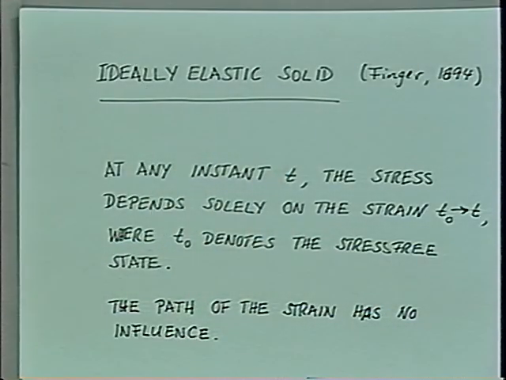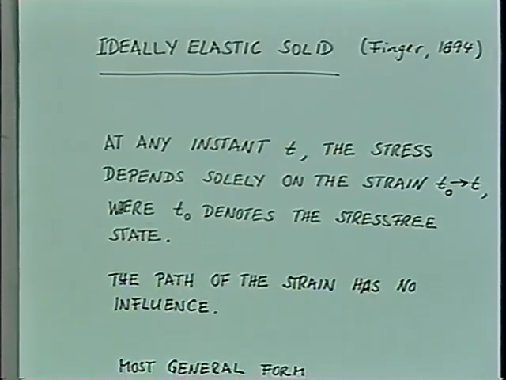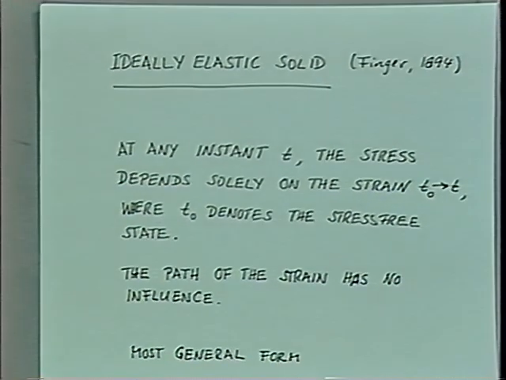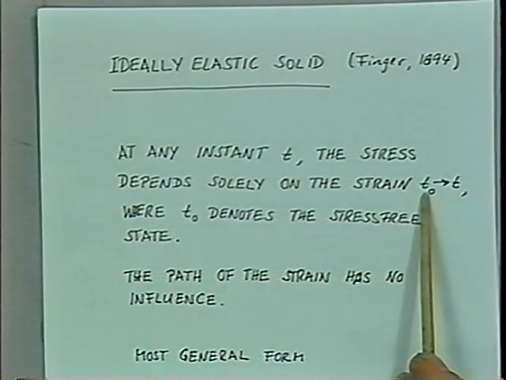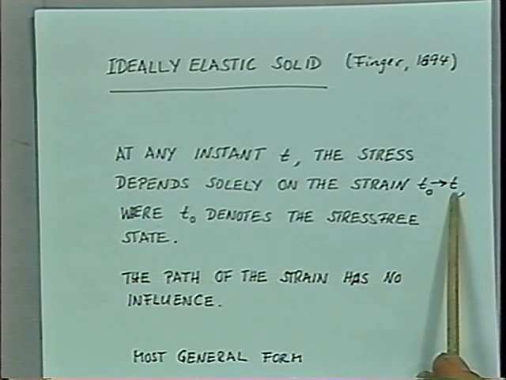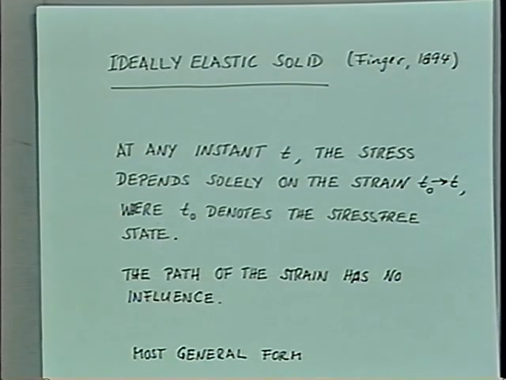That's the solid which doesn't have any lossy contribution. Its stress is fully determined by the strain between the instantaneous state and the stress-free state. So only the deformation from the stress-free state to the current state is needed. This is one of those extra pages which were left out initially.